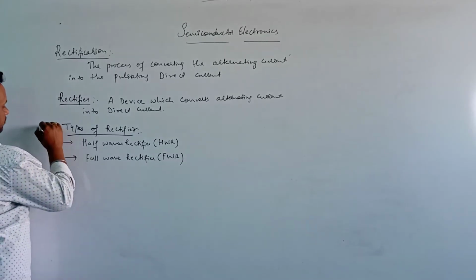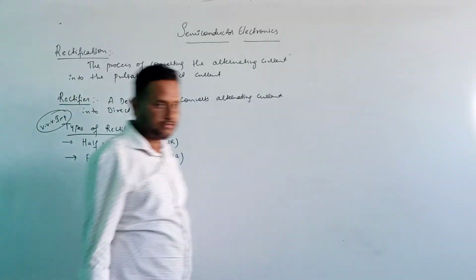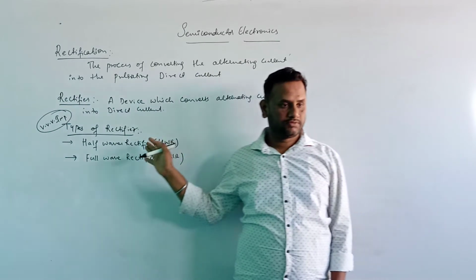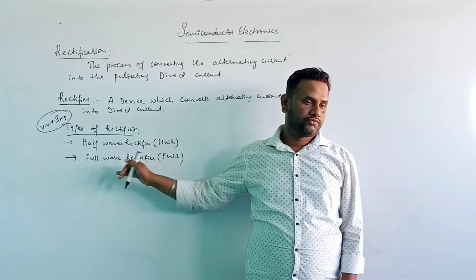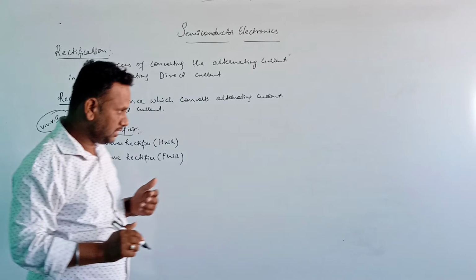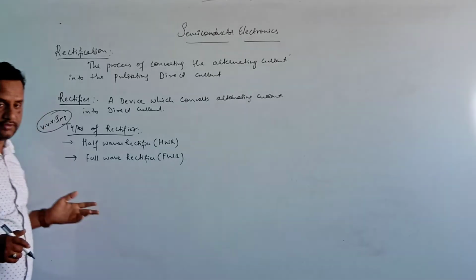This is a very important topic. Among these two rectifiers, one question might be asked in the exam for 5 marks. They might ask you: define rectifier and explain the construction and working of the half wave rectifier, or define rectification and explain the construction and working of the full wave rectifier.